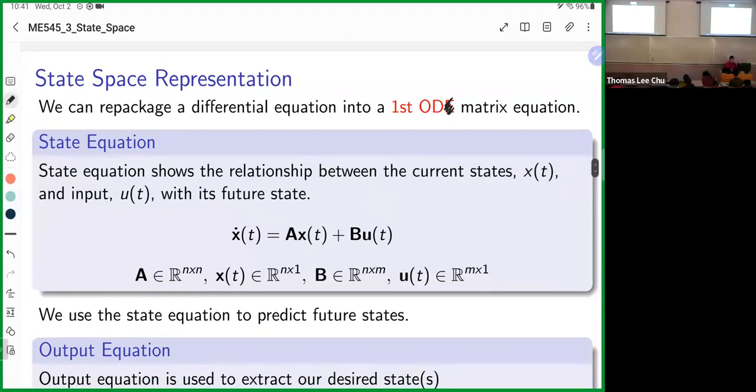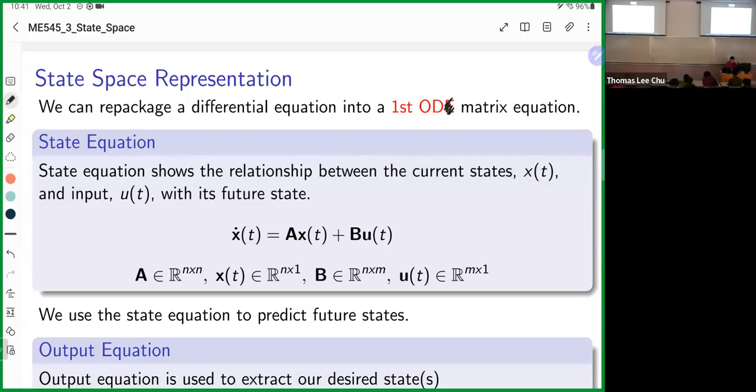So in the previous problem, we had an nth derivative differential equation. Well, we can put this into a state space equation, and then it becomes a first order differential equation in matrix form. A state equation, from the textbook, shows the relationship between the current states, which is x of t here, and the input with its future states.